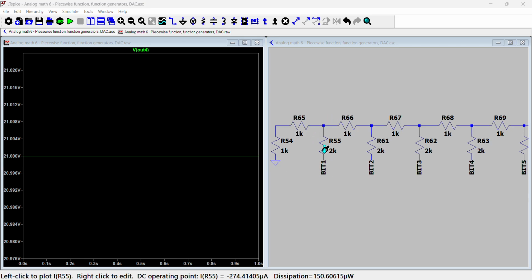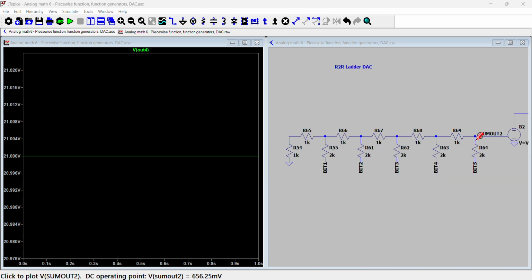So this is a 1K resistor with a 1K resistor in series, so therefore it's a 2K resistor again, and the voltage input is half of bit 1, and so therefore this node, as contributed by this bit, is now 1/4. And if you extrapolate that, this will be 1/8 of this input, and this will be 1/16, and this will be 1/32 of this input.